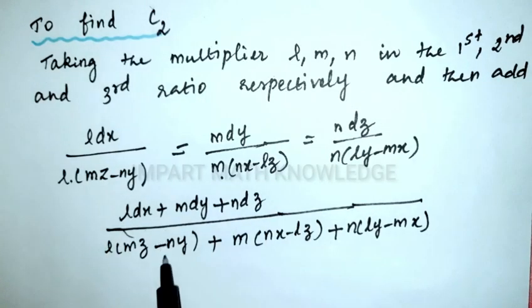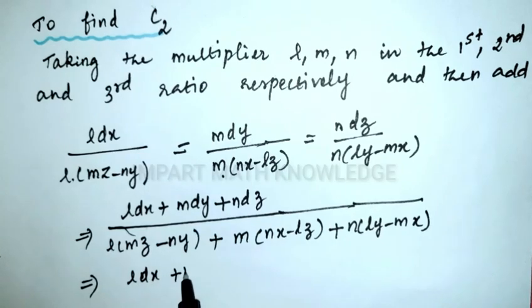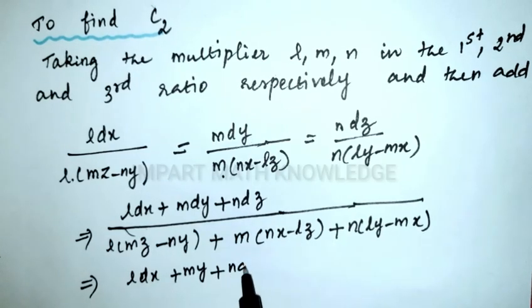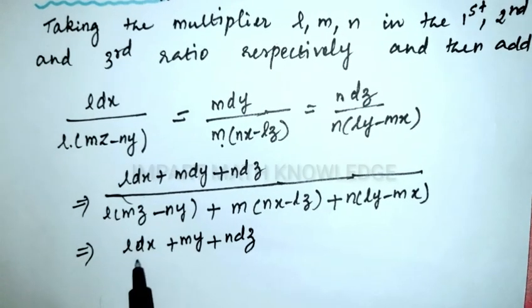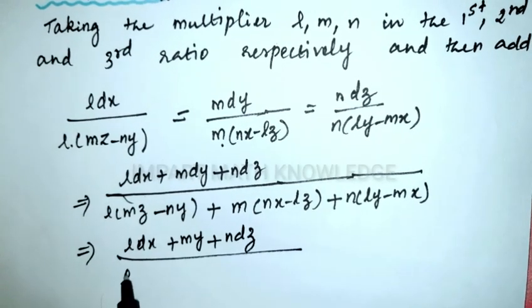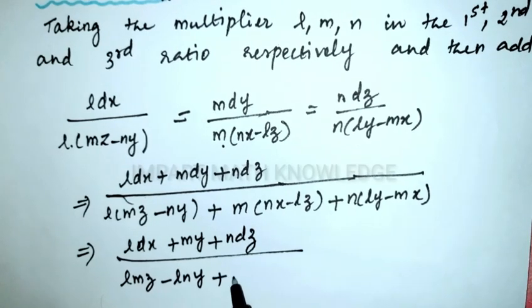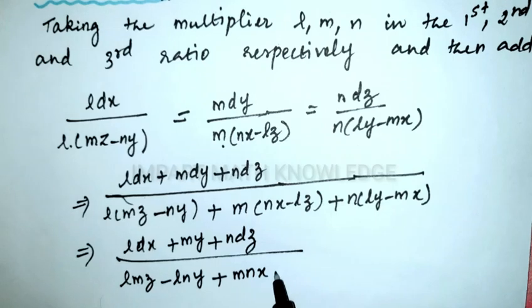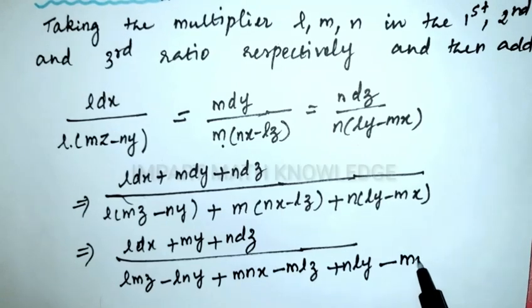Now the numerator is l dx plus m dy plus n dz. The denominator is lmz minus lny plus mnx minus mlz plus nly minus mnx.